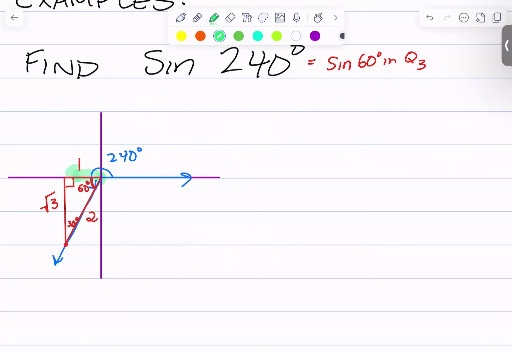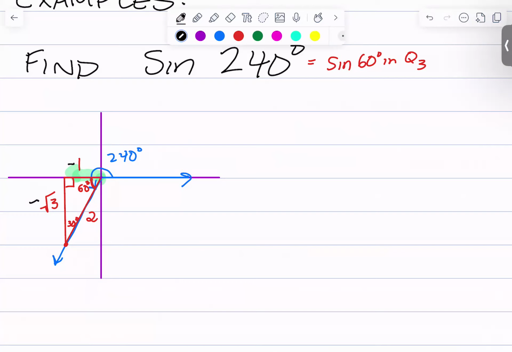So that 1 is actually -1. And I went down square root of 3 to get my y value, right? So that square root of 3 is also negative, where my x's and my y's in quadrant 3 are both negatives.